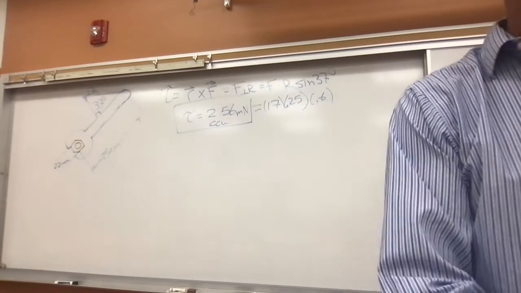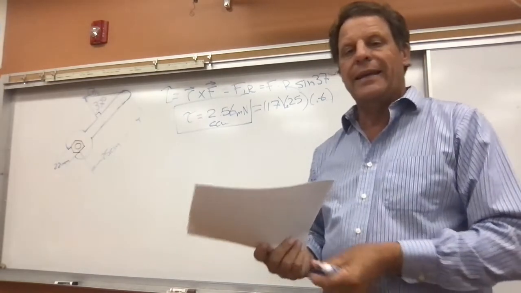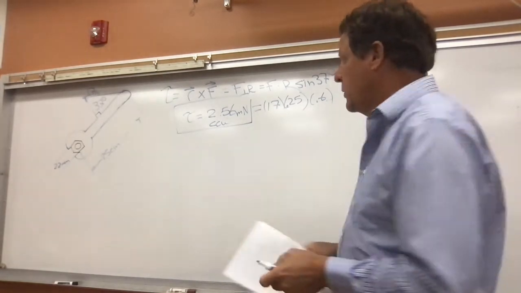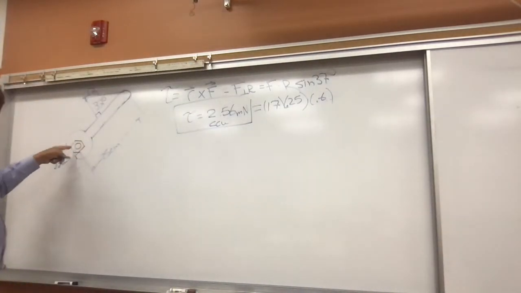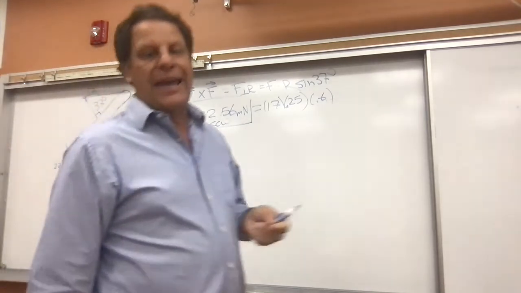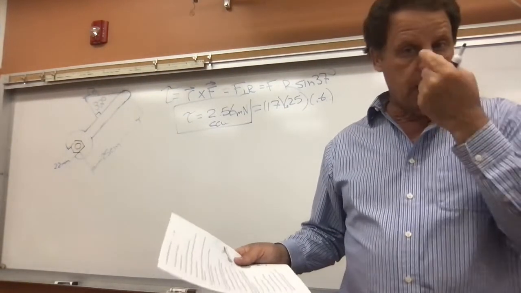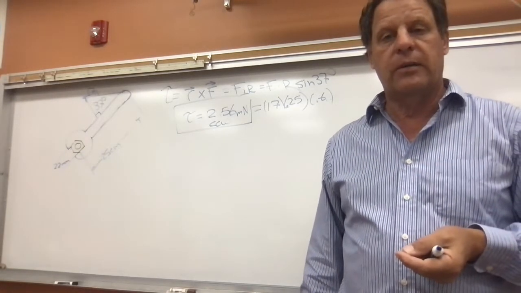All right, now what is the torque that is going to be applied to the nut here? The torque is going to be the same, but the overall applied force is going to be less.